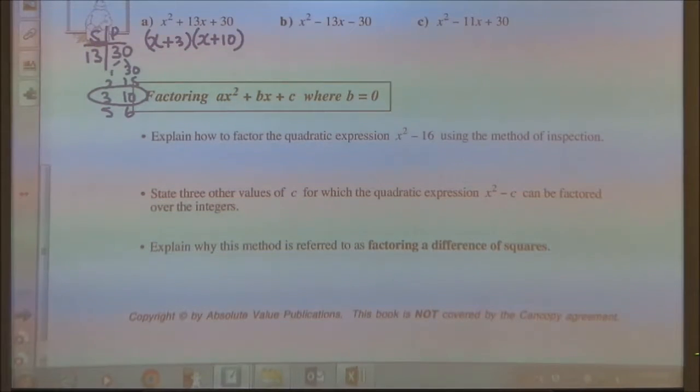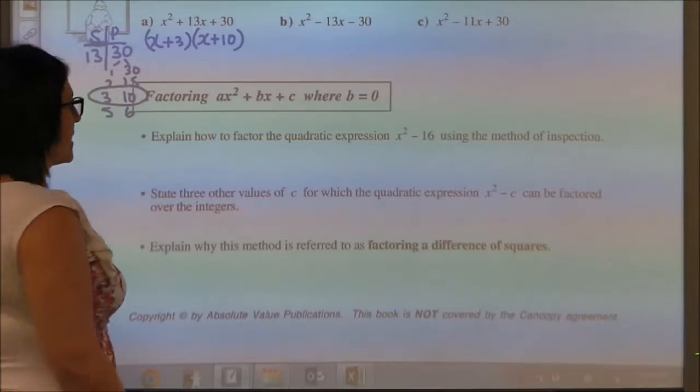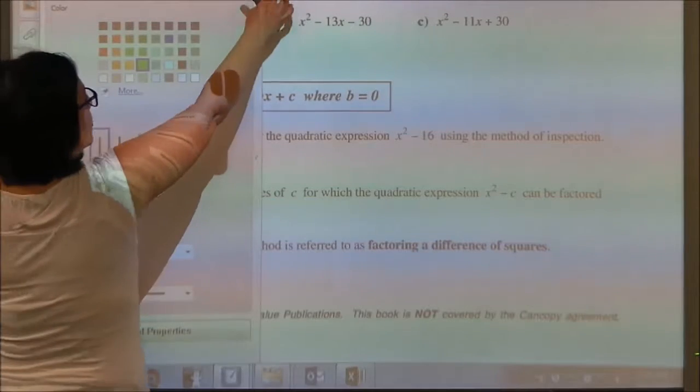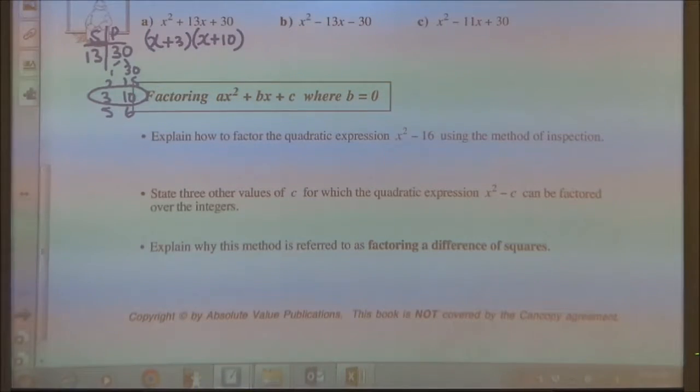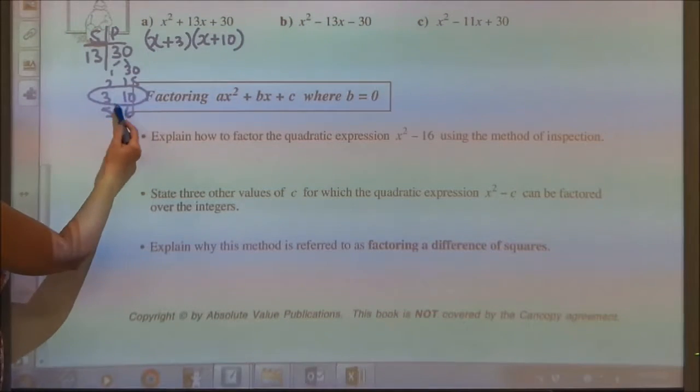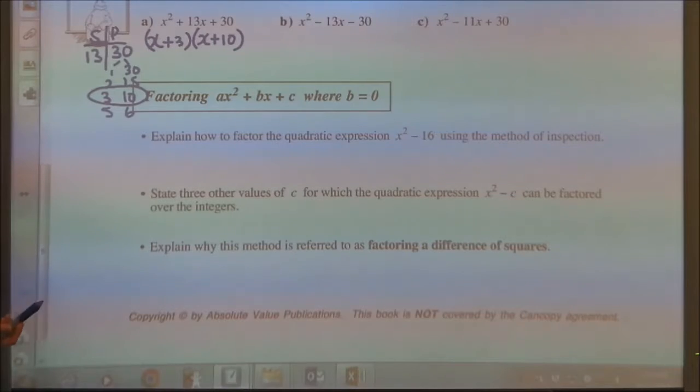If I look at B, B is a little bit different because in B, my product is negative. So to get a negative product, it means that you have to multiply a positive and a negative. Product is still 30, so these numbers still apply, but one would be positive and one would be negative.